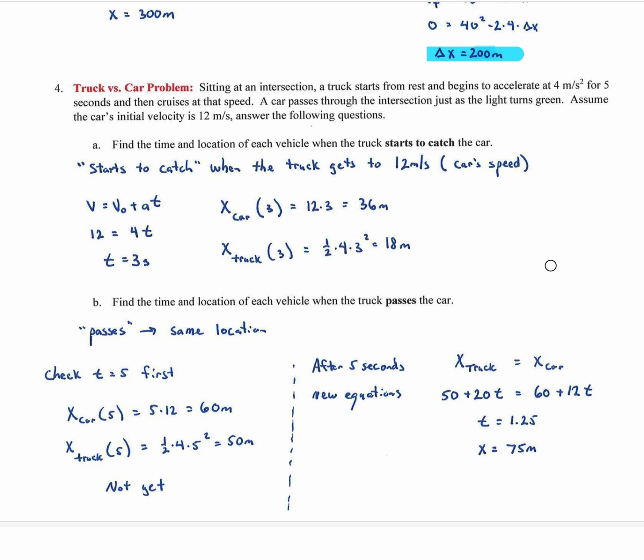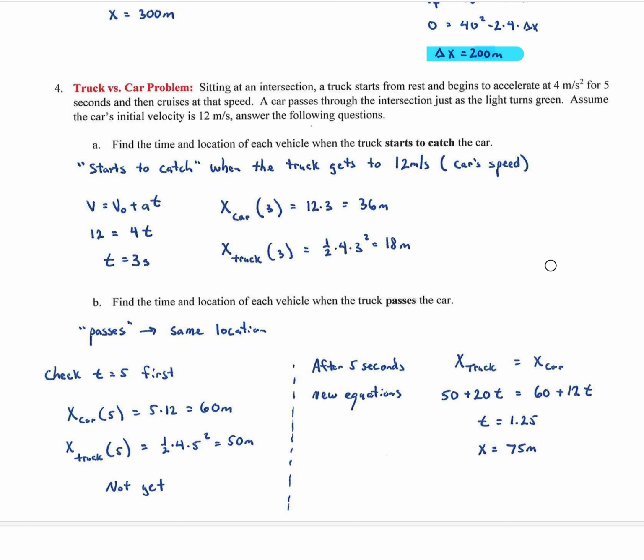So at the very beginning, the car is increasing the separation distance until, boom, the moment the truck is exactly going 12, and then after that the truck is going faster and thus gaining. So all I really did was figure out how long it would take the truck to get to 12, which was 3 seconds, and then I figured out where they were just based on the position equation.